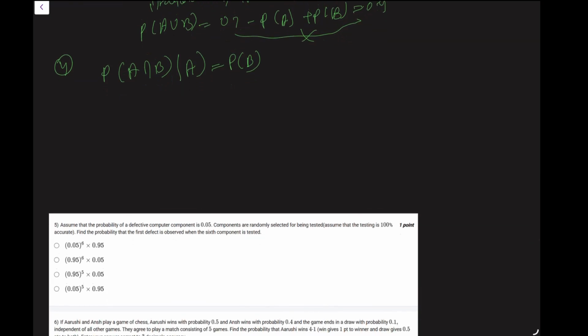Since A and B are independent, you can say probability of A intersection B is probability of A times probability of B.